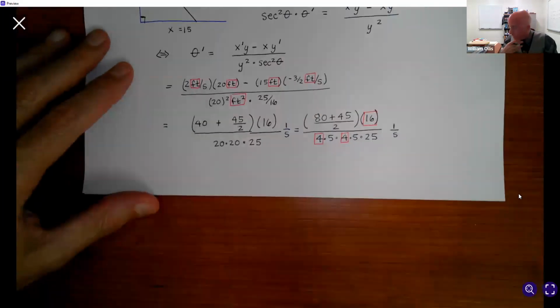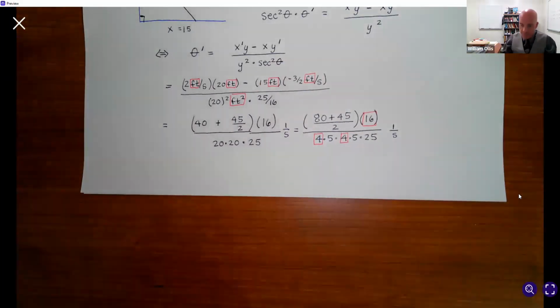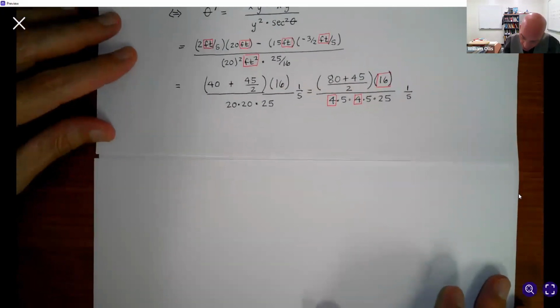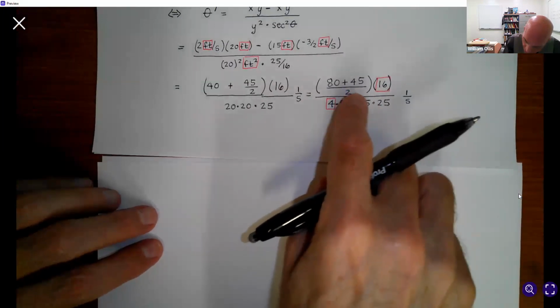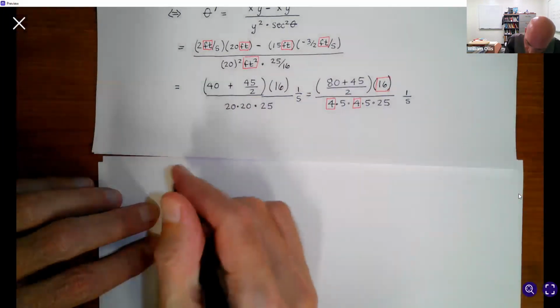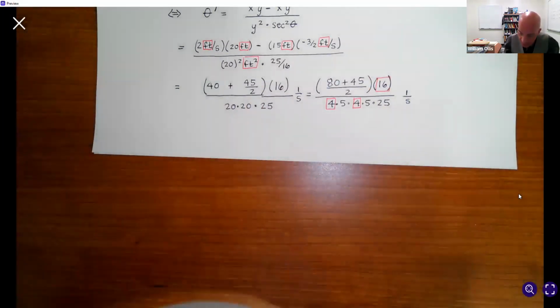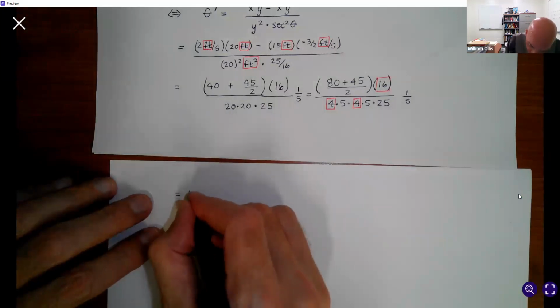So we'll move the calculation to a new sheet. So now, if we look at this, let's bring the 2 downstairs. So we have the 125 upstairs from the 80 plus the 45. So we've got equals 125.